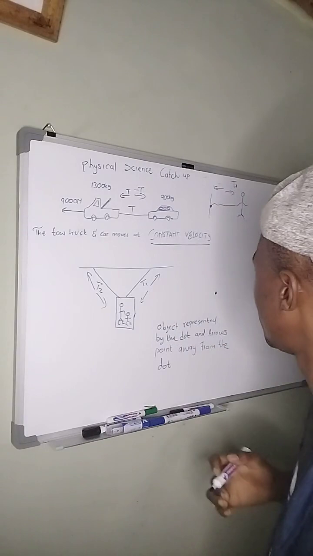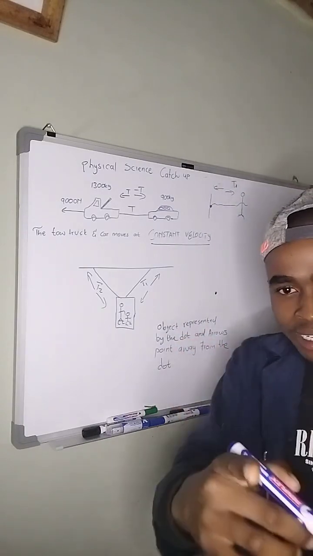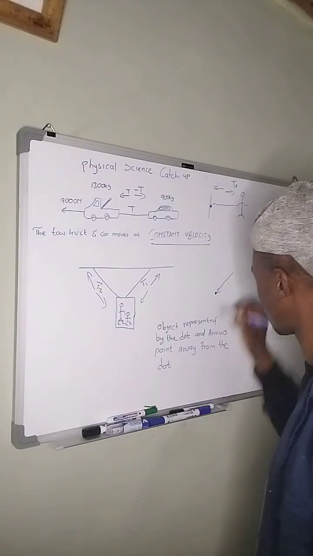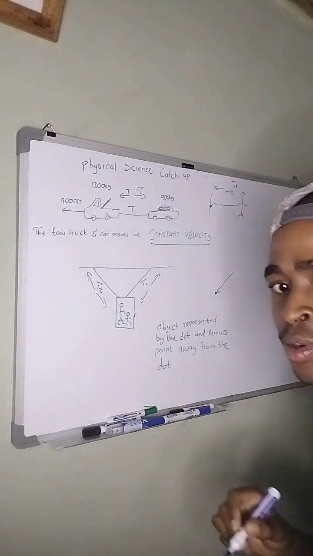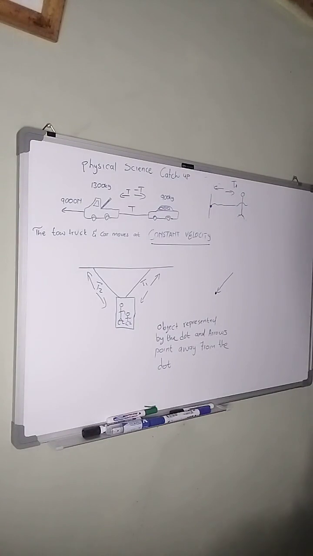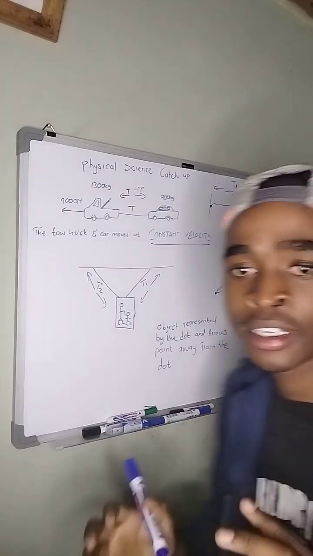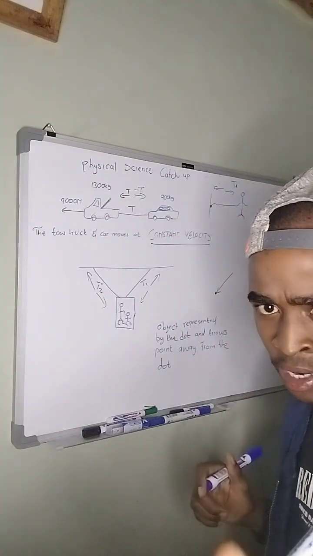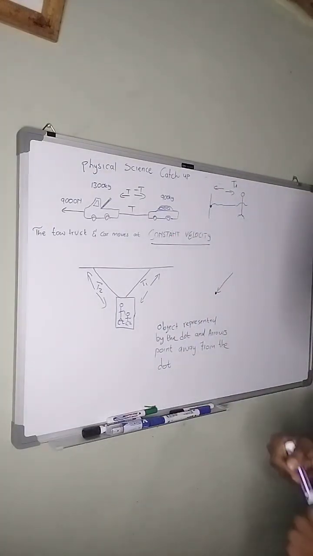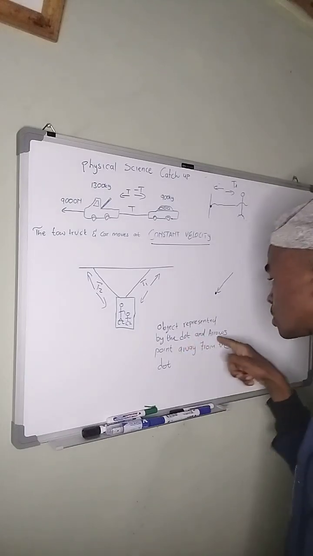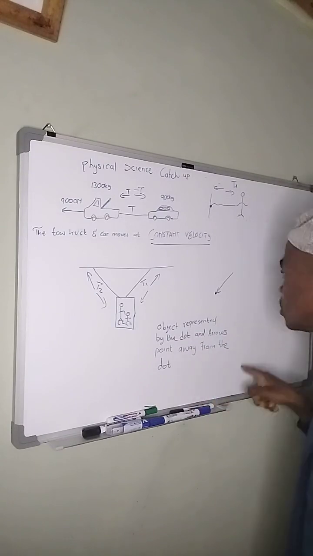So now, tell me, is it correct to represent my force like this? You are telling me that you are drawing a free body diagram, right? It's not correct. Listen to the definition: the object is represented by the dot and arrows pointing away from the dot, guys.